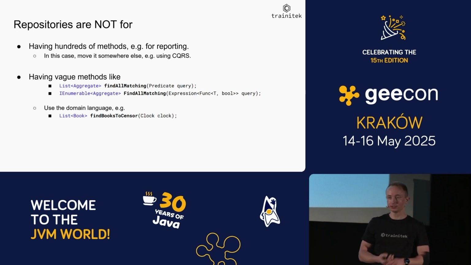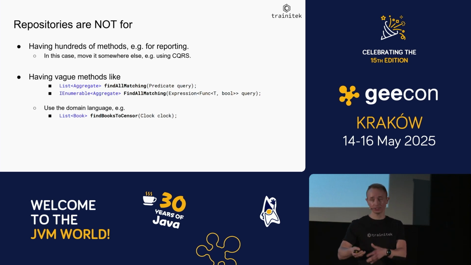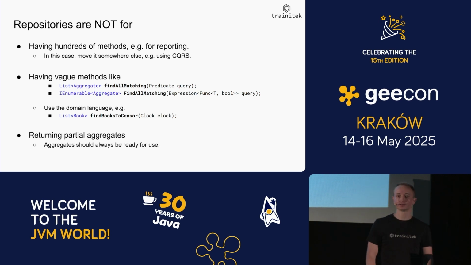Instead of this, a repository should reflect the domain language. For example, if you have a special use case, you just mirror it inside the repository. For example, find books to censor. This corresponds to a use case, and the implementation will do the job instead of having a vague method and giving all the control to the client.